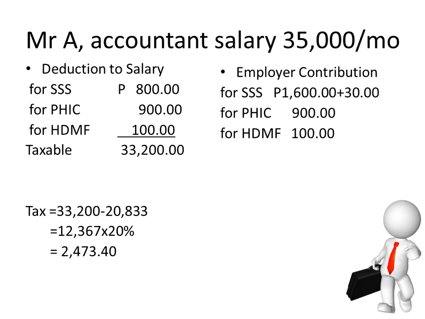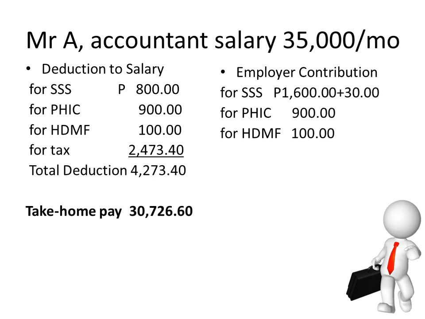Okay? So our tax now is 2,473.40 because when we deduct 33,200 by 20,833, it's 12,367. So we said it's 20%, so we have 2,473. Okay?